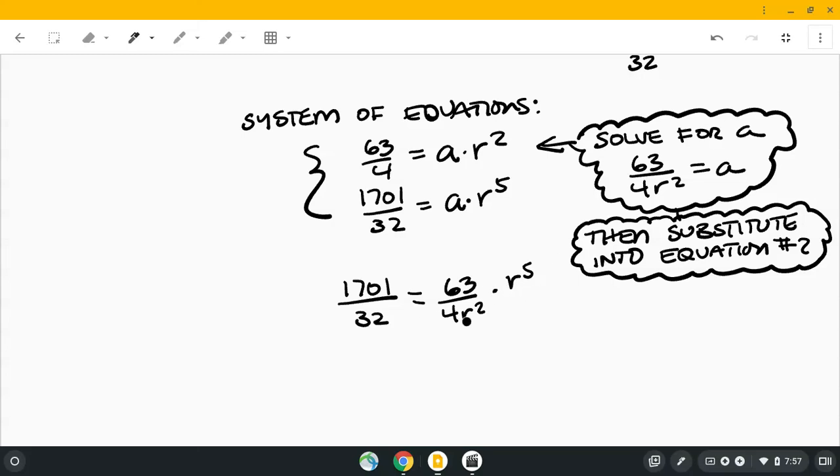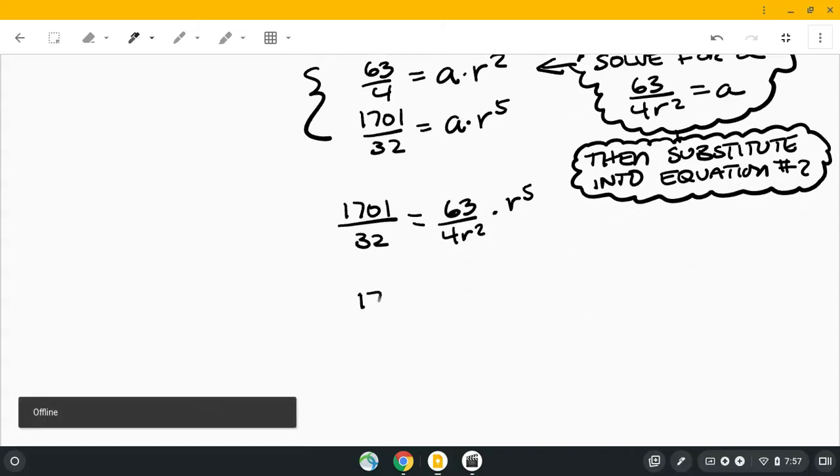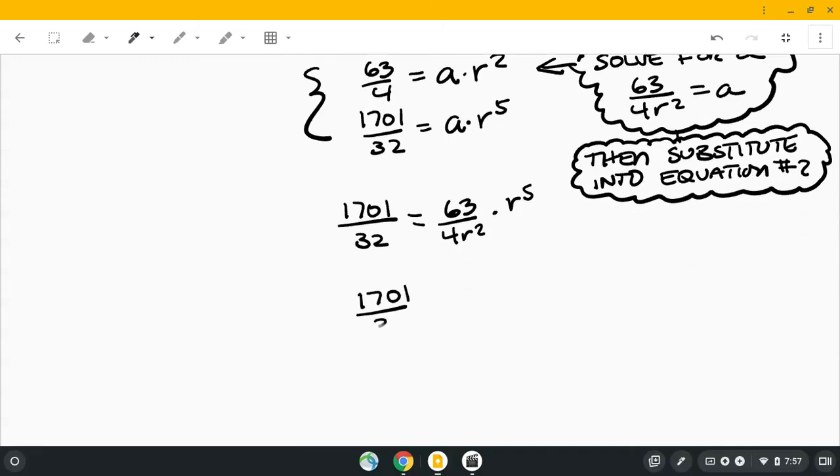Some r's will cancel out. 2 of these will cancel out with 2 of these, leaving me with r cubed. So 1,701 over 32 equals 63 over 4 times r cubed. All right, you with me?